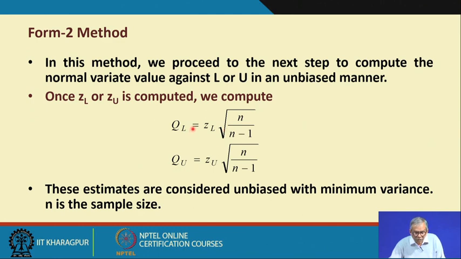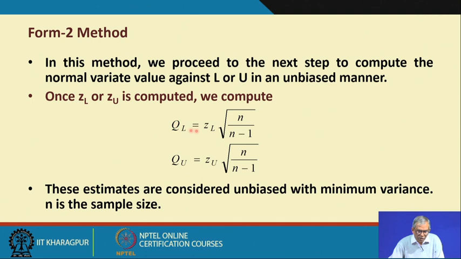You compute QL by modifying the value of ZL, using the multiplying factor root over n upon n minus 1, for both cases. That means ZL and ZU are already computed, and then you compute QL or QU. This is a normal variate, but it is considered to be unbiased and with the minimum variance.